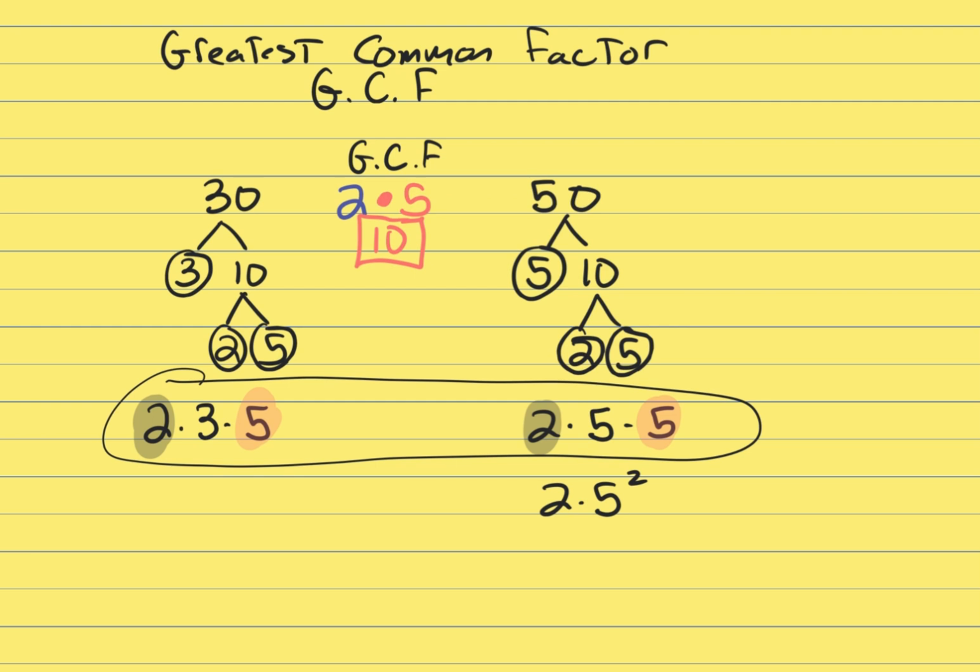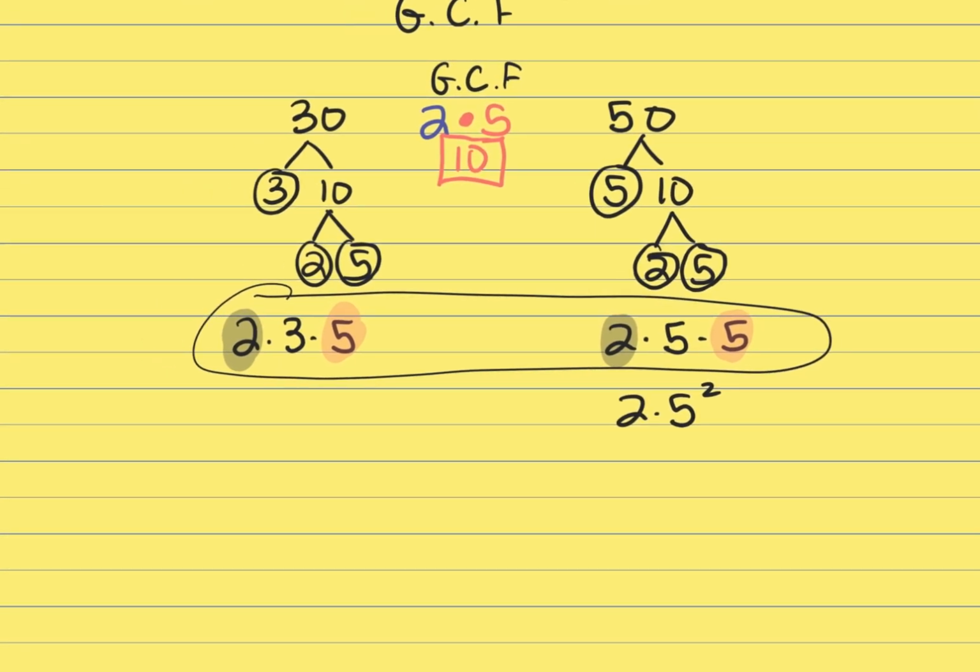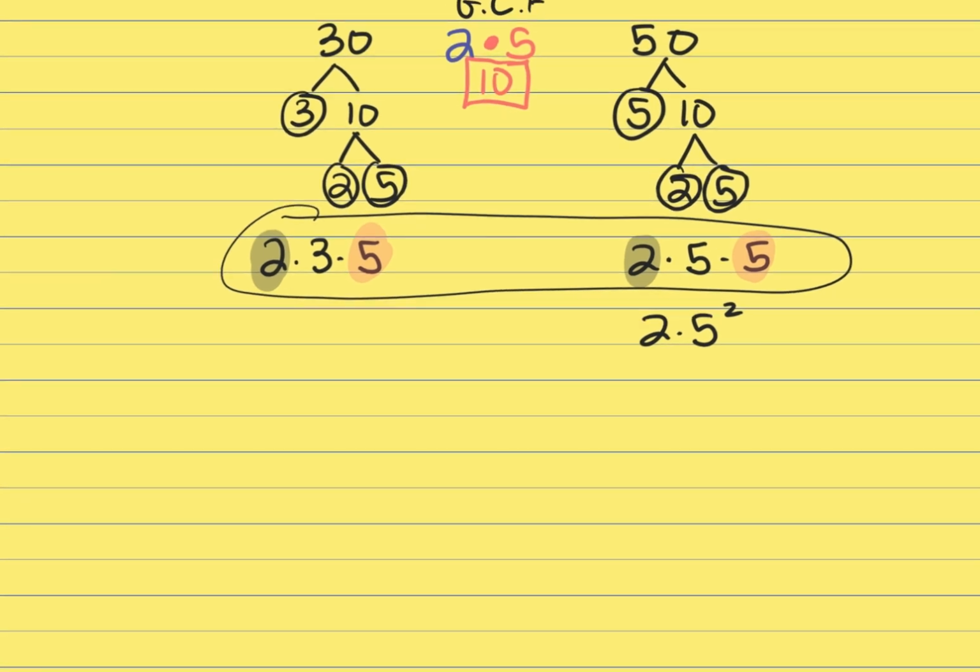Tomorrow. The other way to do it is you could sit here and list all of the factors of 30. 1 and 30, 2 and 15, 3 and 10. Those are the factors of 30.